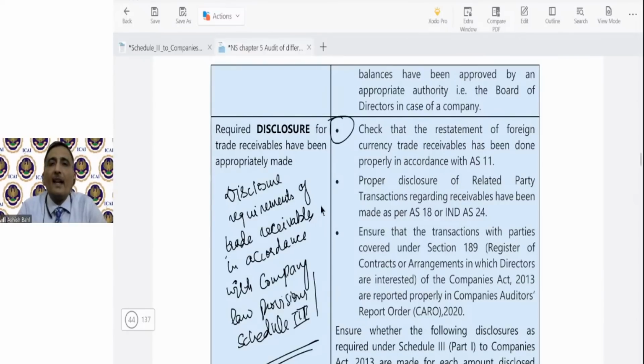So students, AS 11 relates to foreign exchange effects. Say an entity is entering into a transaction in foreign currency. Assume that a company is exporting some goods to the US.